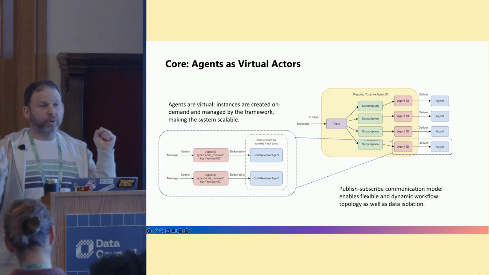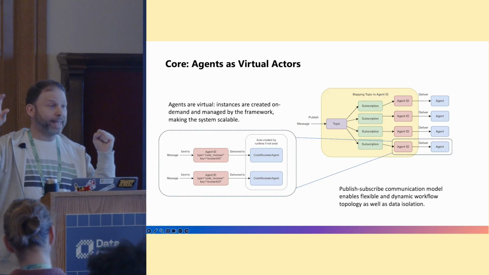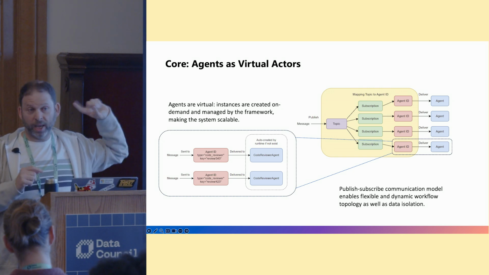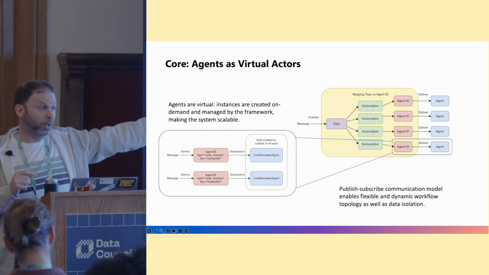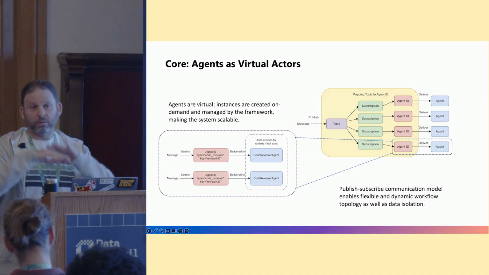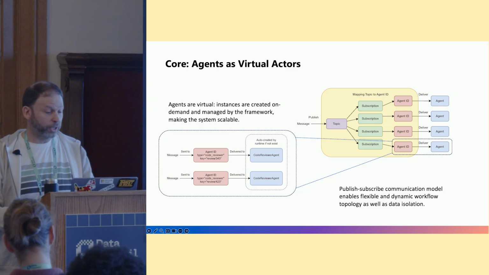That's also really important in terms of security and enterprise settings, because agent A cannot change the state of agent B. All it can do is send a message, and agent B will react to that message somehow. So if you think about distributed systems, security, enterprise, you can do all of this with AutoGen.